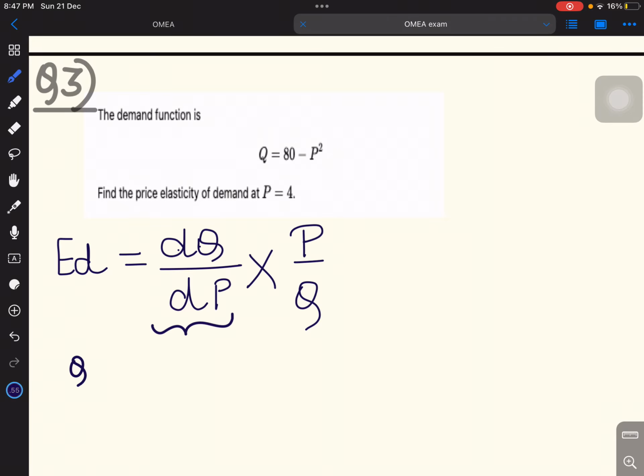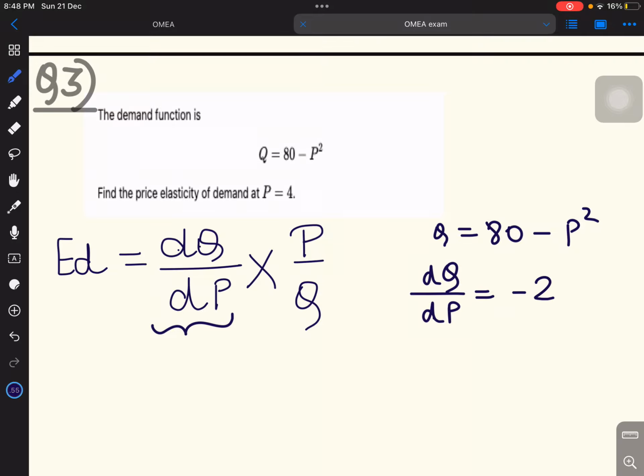If q is 80 minus p square, we differentiate it with respect to p to get dq by dp, which is minus 2p.